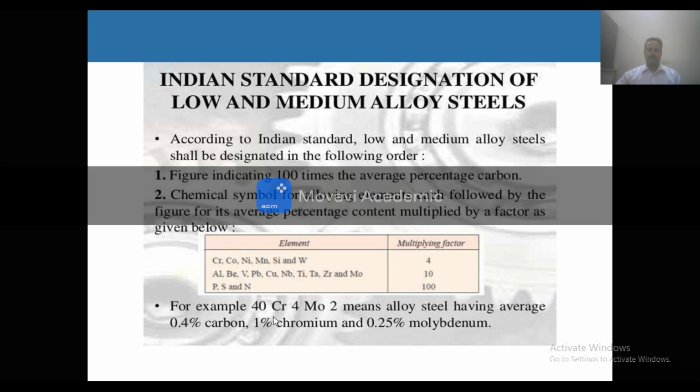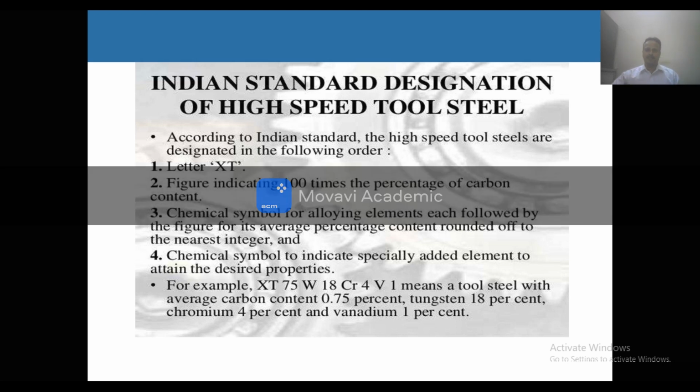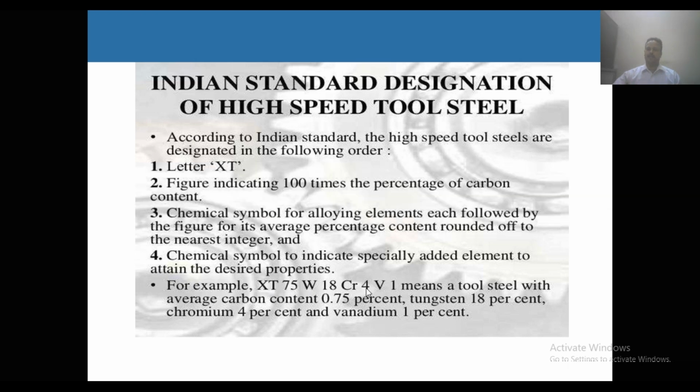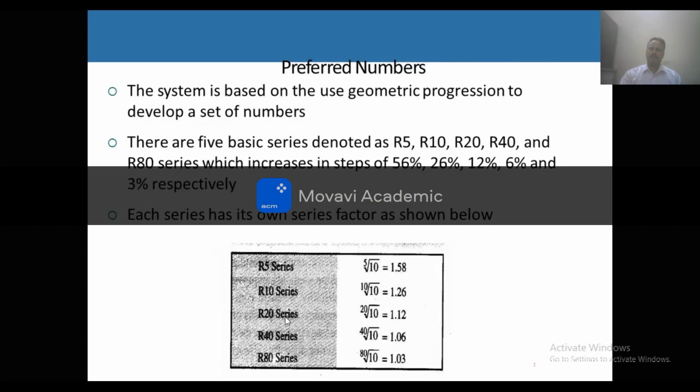So we have 1% chromium, we have 0.25% of molybdenum. If you look at the standard designation of high speed tool steel, there is XT75W18Cr4V1. It is tool steel with average carbon content 0.75, tungsten 18%, chromium 4%, and vanadium 1%.